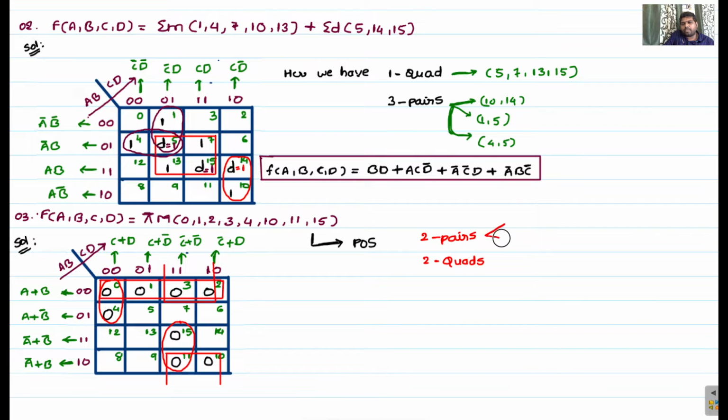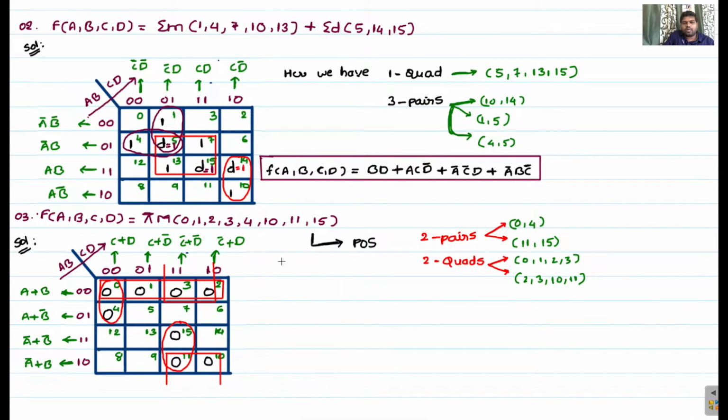What are the pairs here? One is 0 comma 4, another one is 11 comma 15. When it comes to quads, 0 1 2 3 is one quad, and 2 comma 3 10 comma 11 is another quad. Okay, so these are the 4 possibilities.